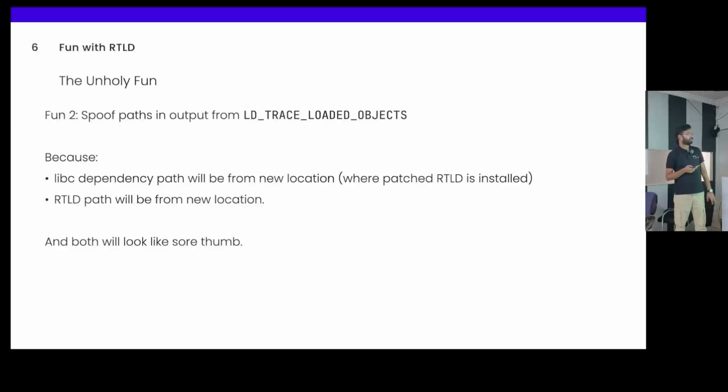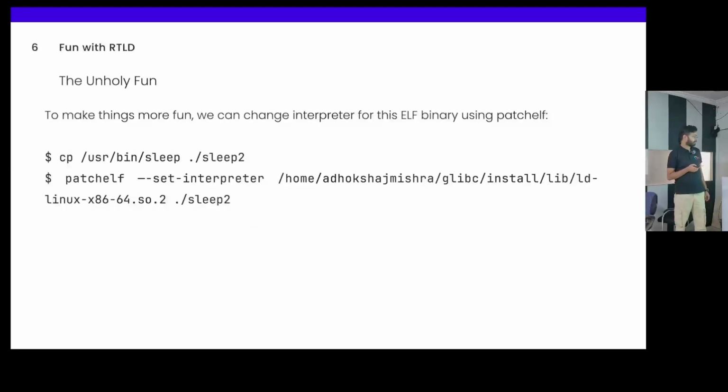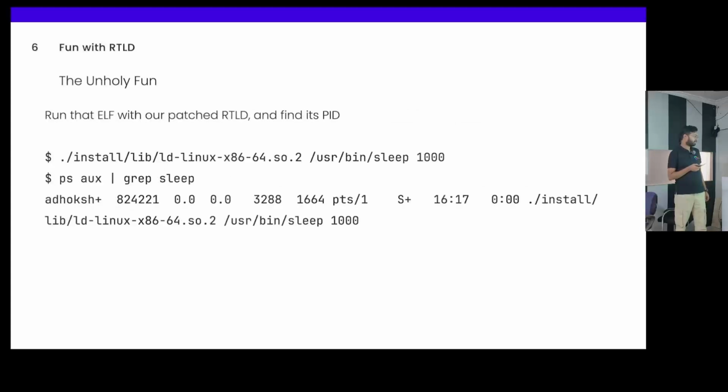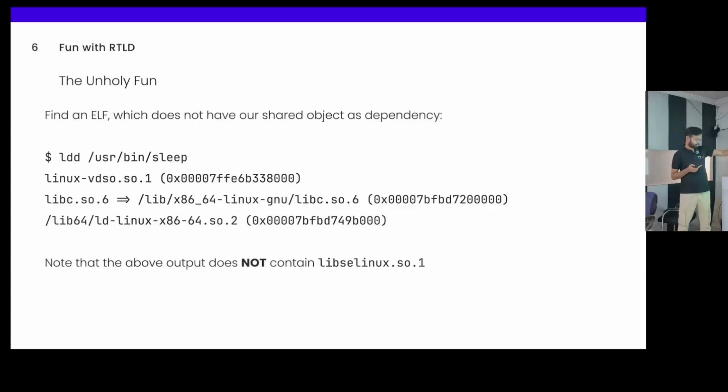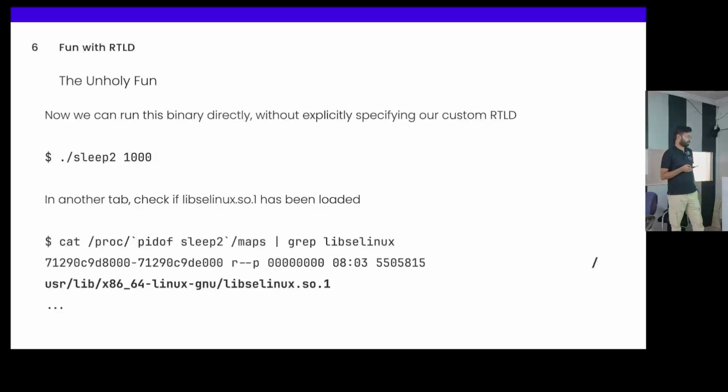Now there is something called trace loaded objects, and this is used by the ldd utility that basically tells what dependencies are there. This one actually uses that LD trace objects, and then these strings are printed by this RTLD, which means that when you do this, you are effectively invoking this RTLD to run, which means that I can do some fun stuff there as well.